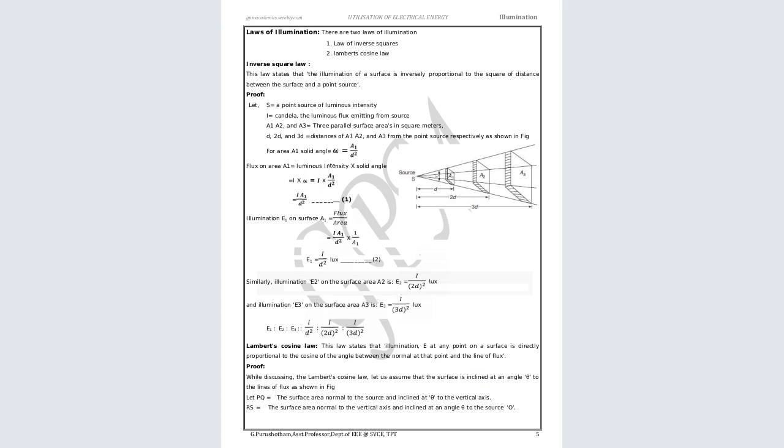So I repeat again before we prove: illumination E at any point on a surface is directly proportional to the cosine of the angle between the normal at that point and the line of flux.